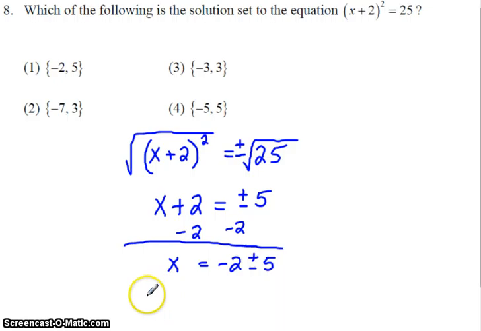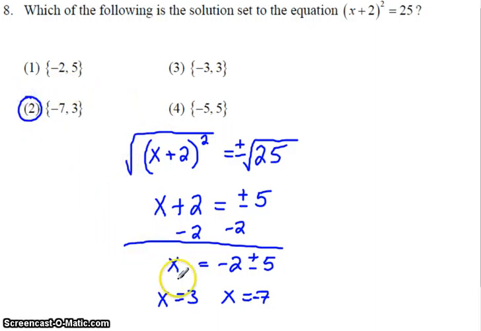If it's a plus, it's negative 2 plus 5, which is 3. And if it's negative 2 minus 5, it's negative 7. So our answer has got to be number 2.